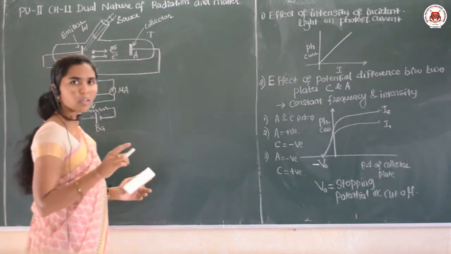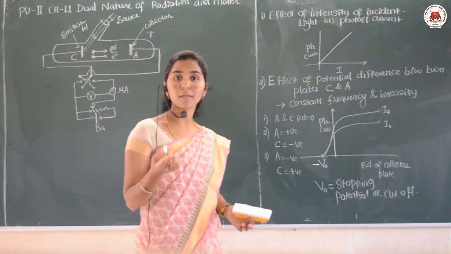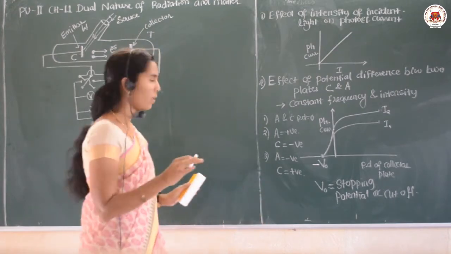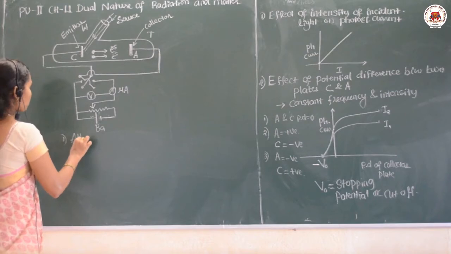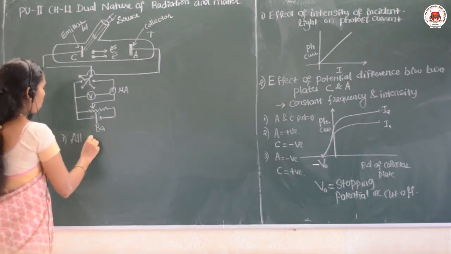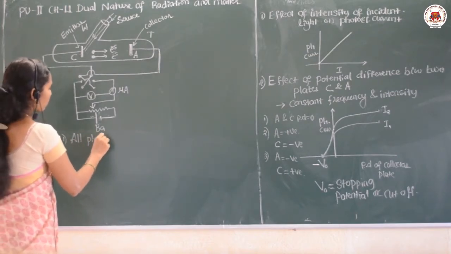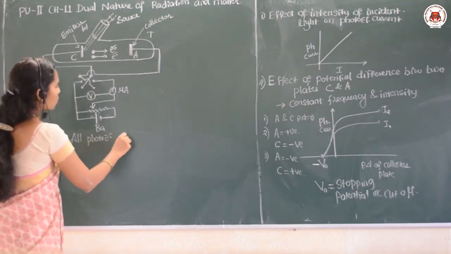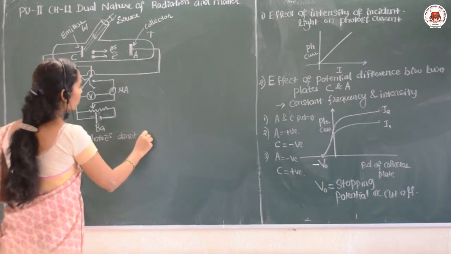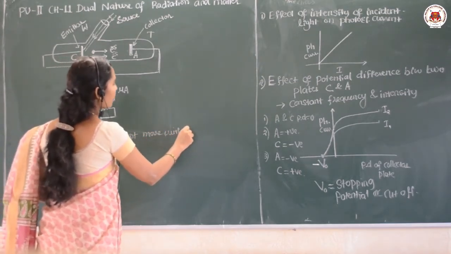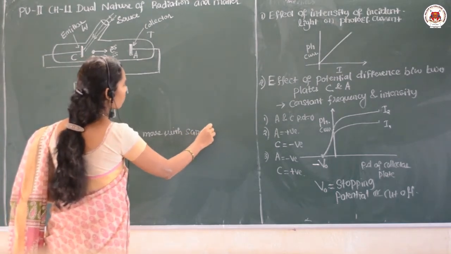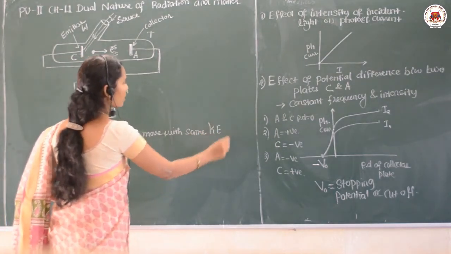But do you think all the electrons are moving with the same kinetic energy? No. The point you have to understand is that all photoelectrons do not move with the same kinetic energy.